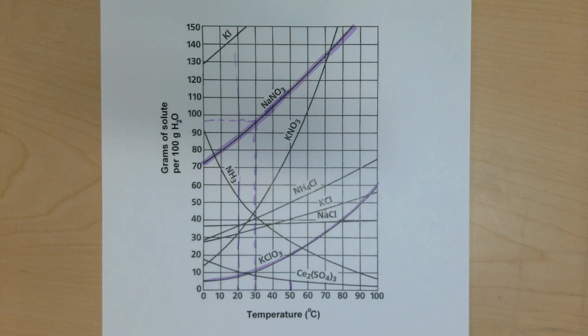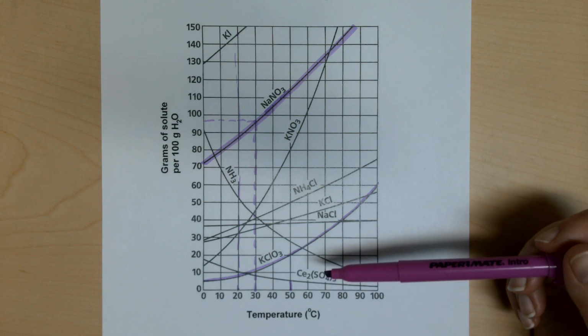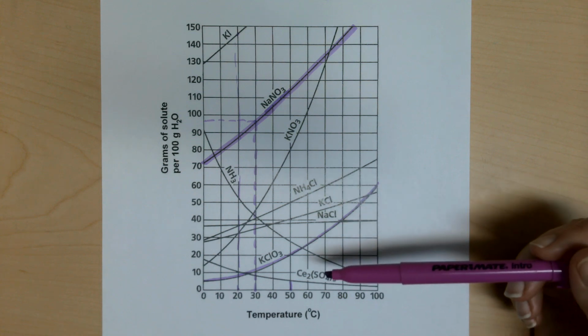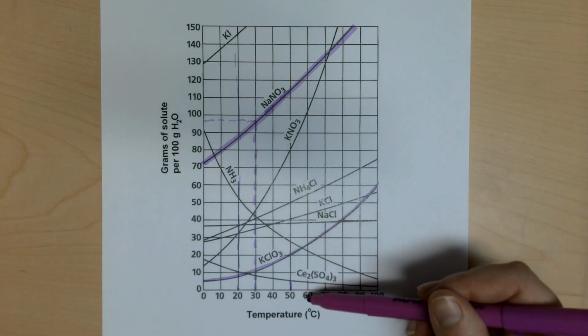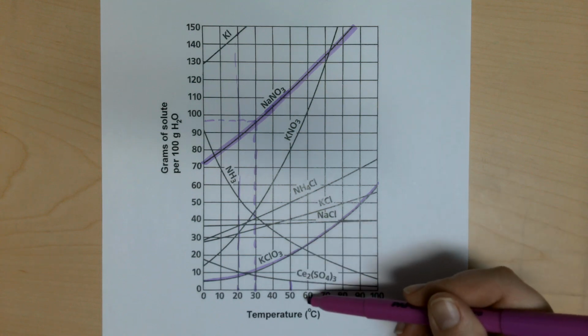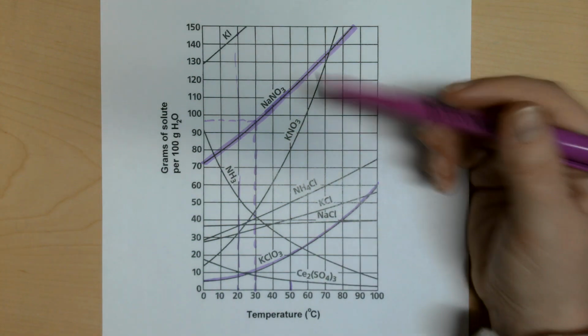Let's look at another type of question. What if I asked you, at 60 degrees Celsius, how much solute can dissolve into 100 grams of water? And then I'm going to name it. So let's pick KNO3.